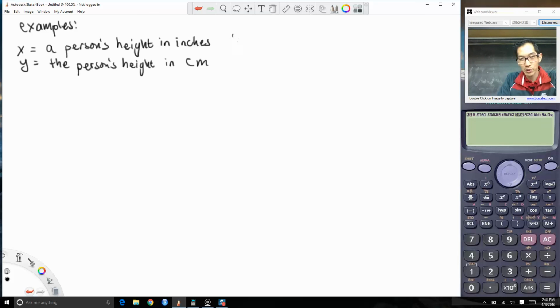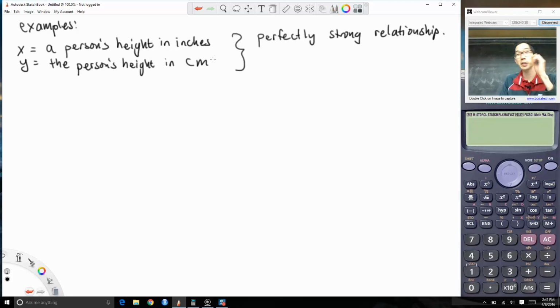So this will have actually a perfectly strong relationship, because there's going to be no scatter here. If you know the person's x value, we can figure out the y value perfectly. So if we know x, we can predict y precisely.